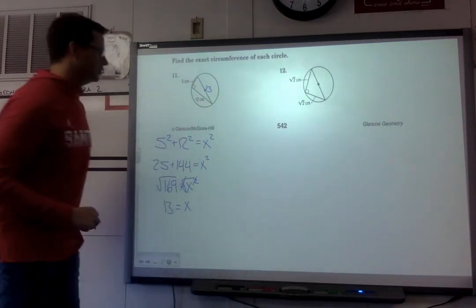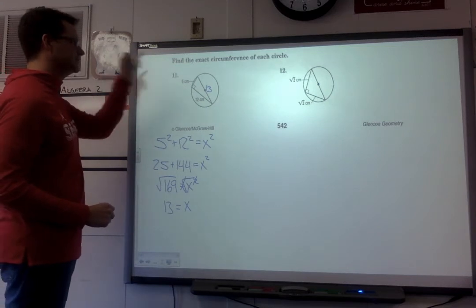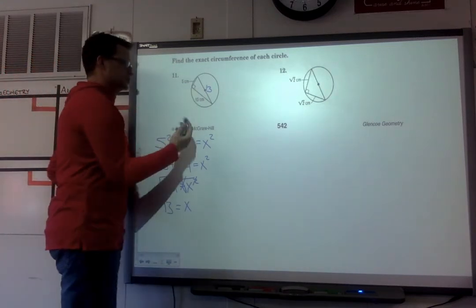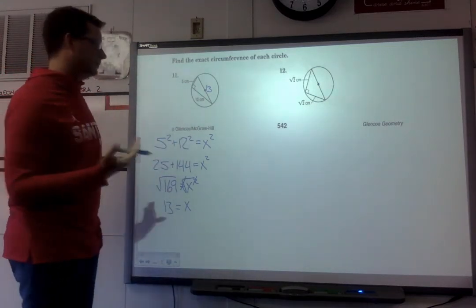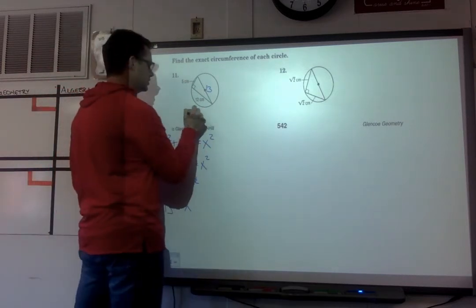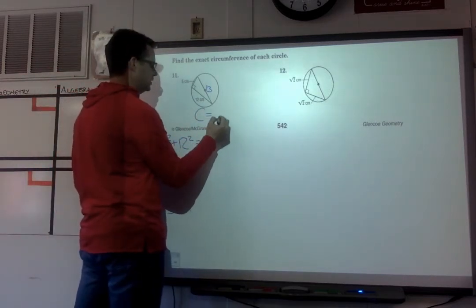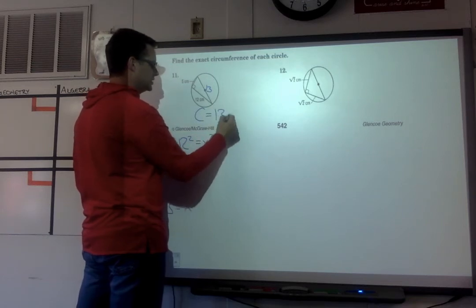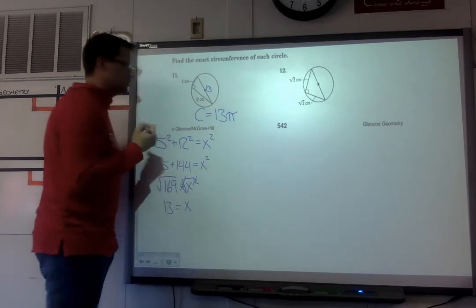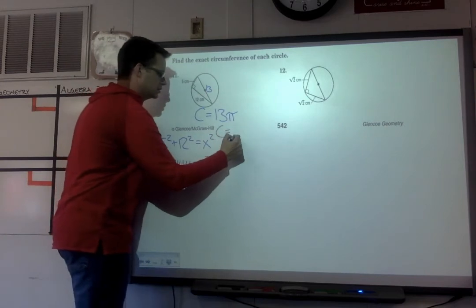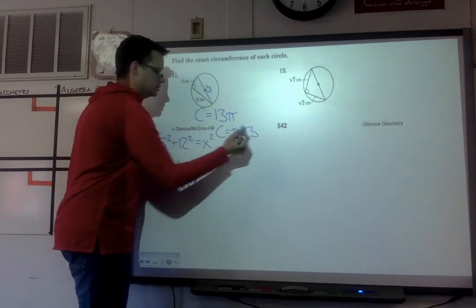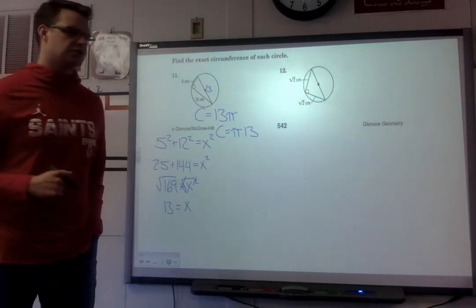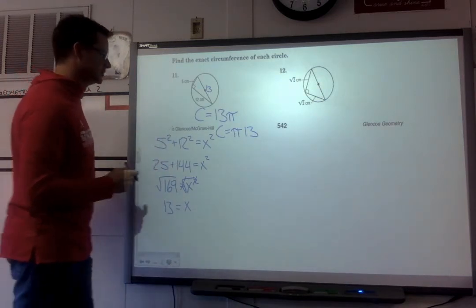So our diameter would be 13, so to find the exact circumference again, pi times the diameter, the circumference would be either pi times 13, or I could say 13 pi, either way. Doesn't matter which way you write it because it's multiplication, so it'll always be the same.